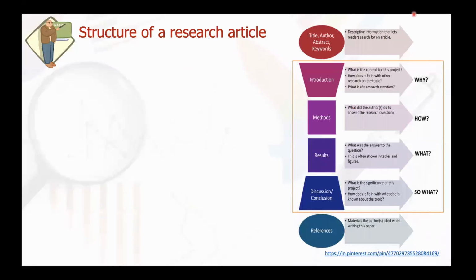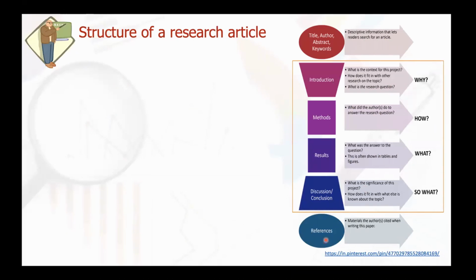In short, there is the title, then the introduction. In the introduction, basically you ask the question why. I'll come to that in detail. This is a brief outline about the content of the paper. Then methods: how did you do the work? Results: what was your finding? And discussion: so what? If that is your result, so what? That's the question you have to ask.